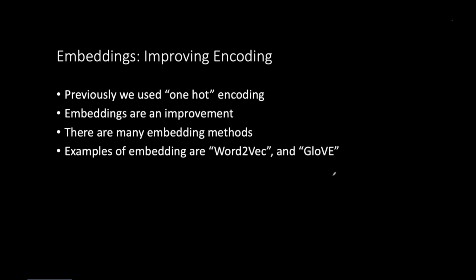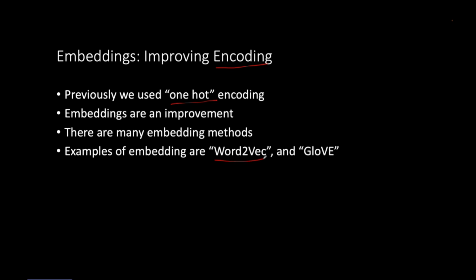The other thing that we have is the encoding that we did before. And what we used was a very naive one-hot encoding. And we can do a little bit better. We can use embeddings. And embeddings is actually a very simple concept, which we're going to touch base on now. There are many embeddings.